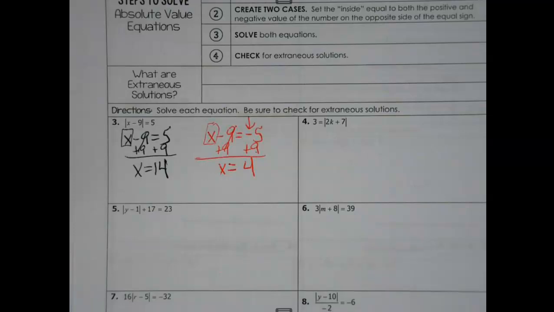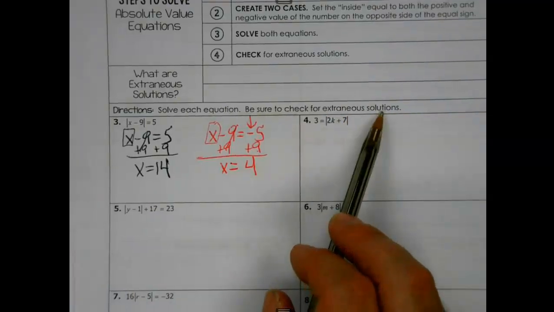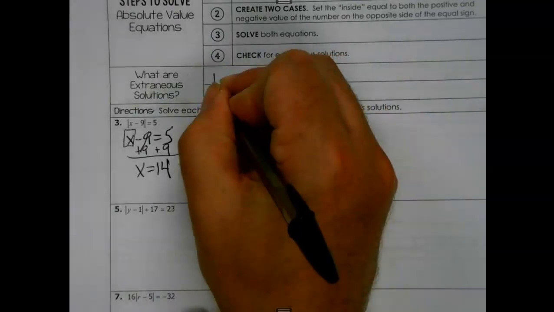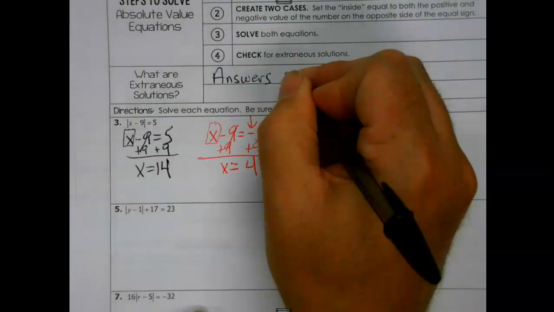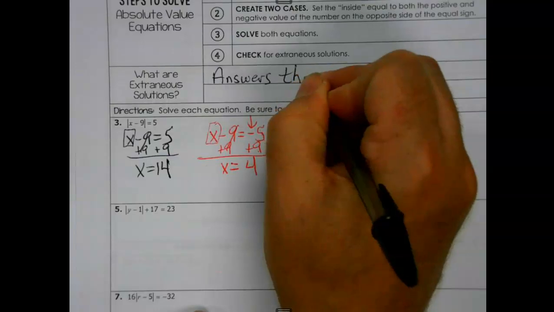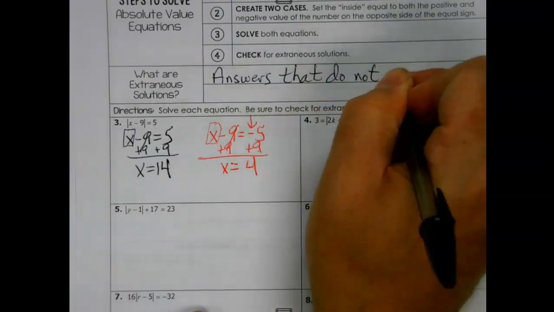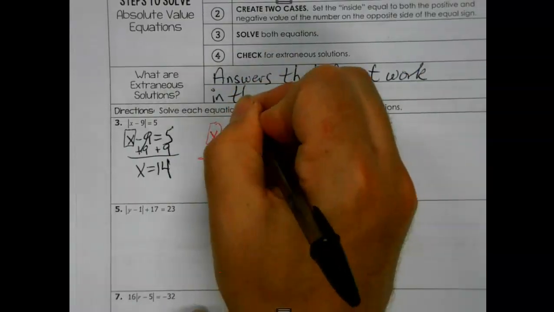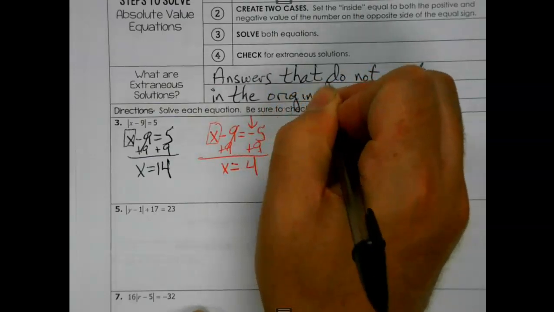But check for extraneous solutions. What does that mean? Those are answers that do not work in the original equation.